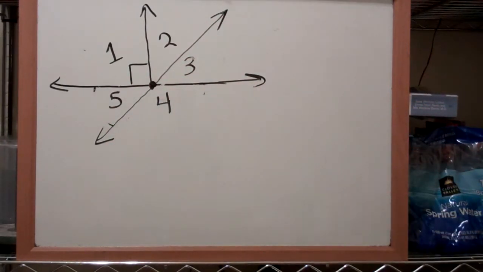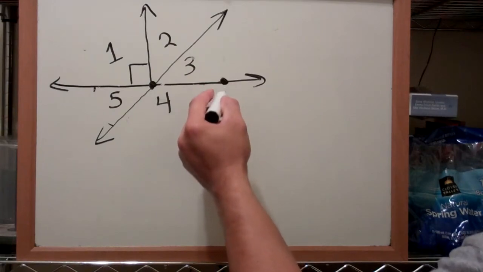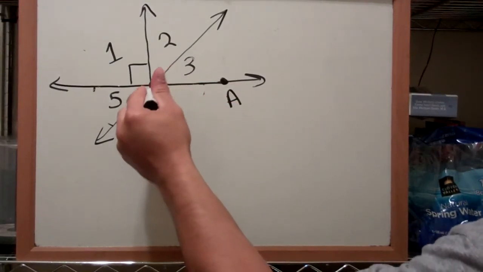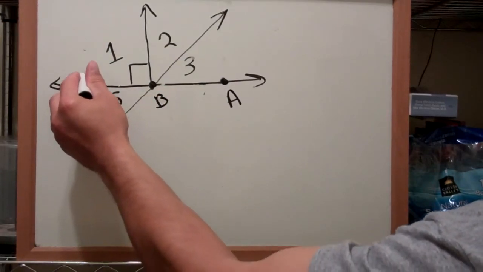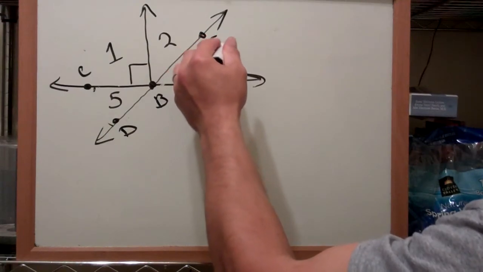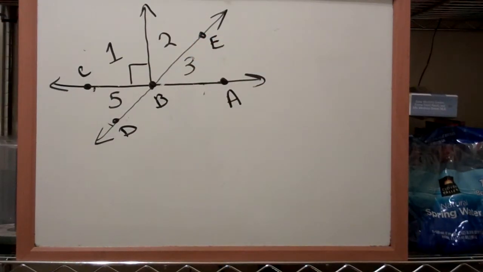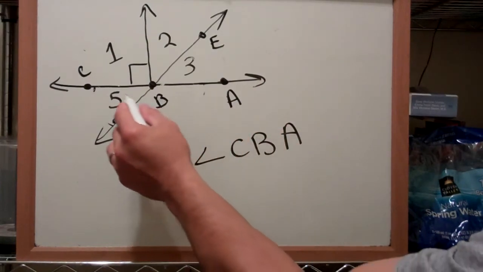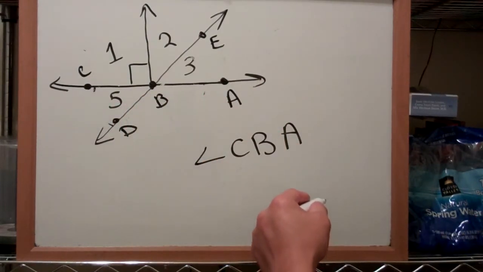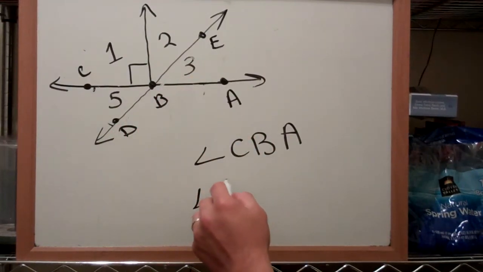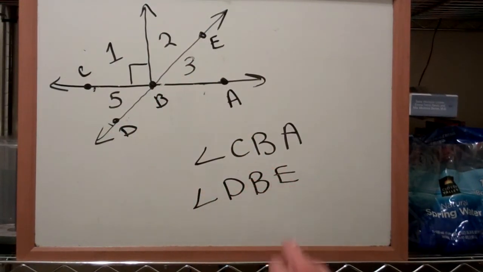If we put dots on this, and we said this was A, B, C, D, E, we could say angle CBA is 180 degrees, so that's a straight angle. And then angle DBE would also be a straight angle.